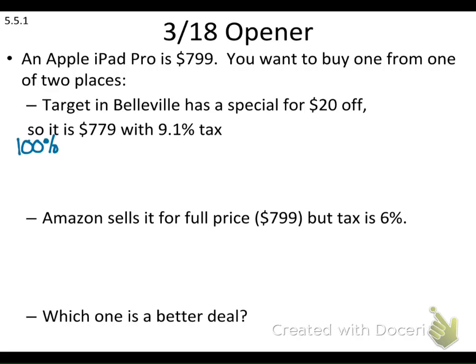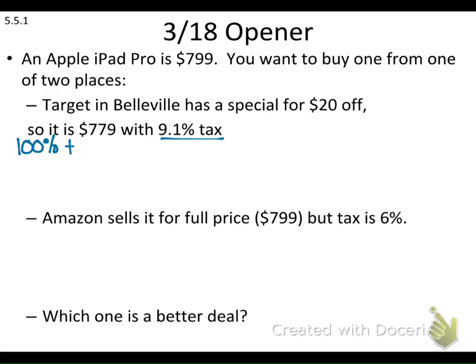Step 2 is what? What's my percent change in this first one? Good, 9.1% tax. Because it's a tax, is that a plus or a minus? Yeah, it's going to be a plus. It's going to be an increase in the price.